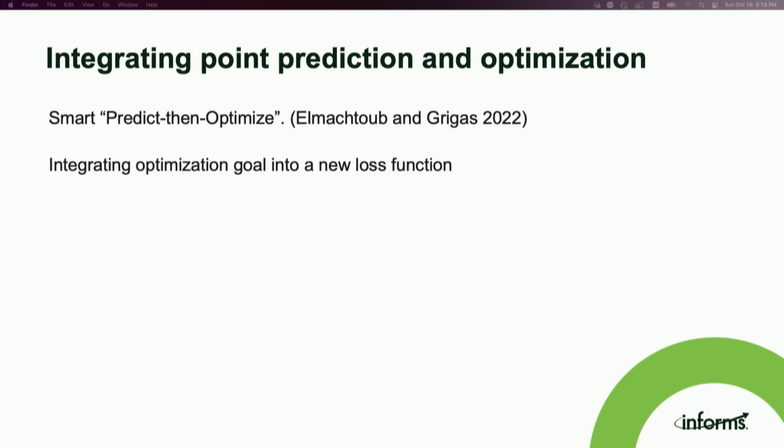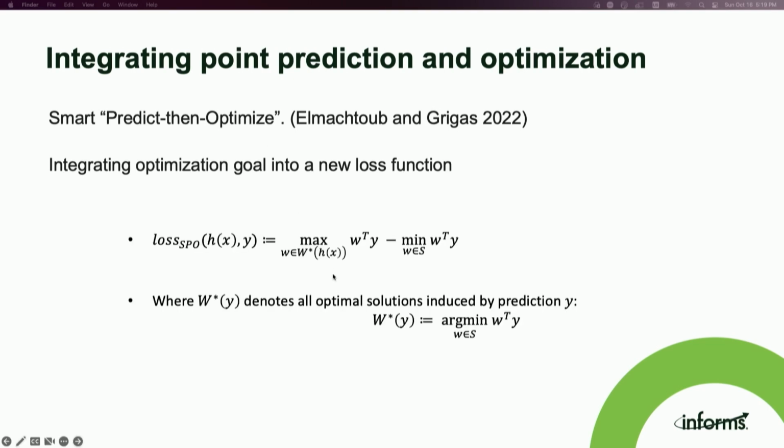So in this seminal paper, Smart Predict then Optimize, the authors proposed a new loss function that takes the downstream optimization goal into account. Their loss function, SPO, is defined in that way.